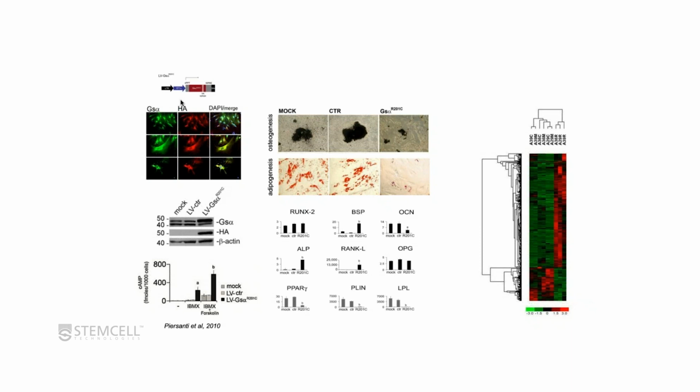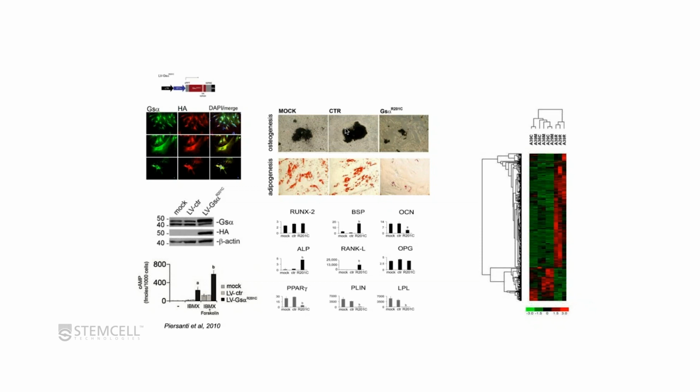And so we wanted to generate this model to better study the molecular abnormalities of mutated skeletal stem cells. So colony-forming unit fibroblasts from normal donors have been transduced, and as you can see here, they express the transgene, and they also express the minimum molecular phenotype of fibrous dysplasia, meaning increased intracellular cyclic AMP.